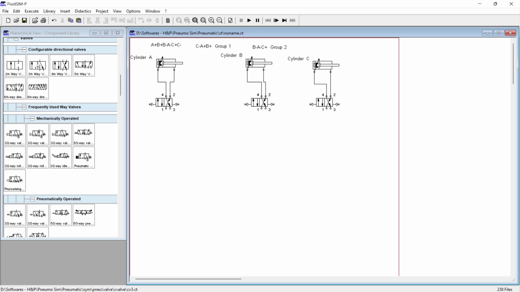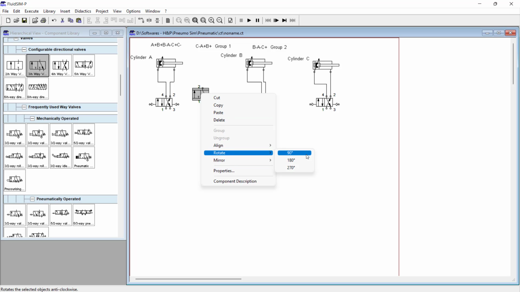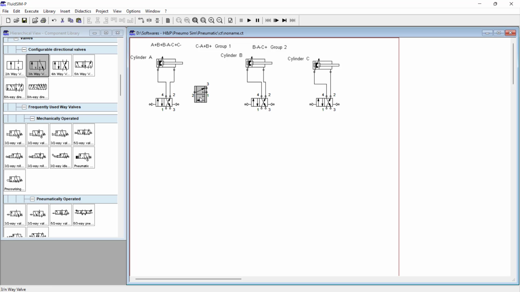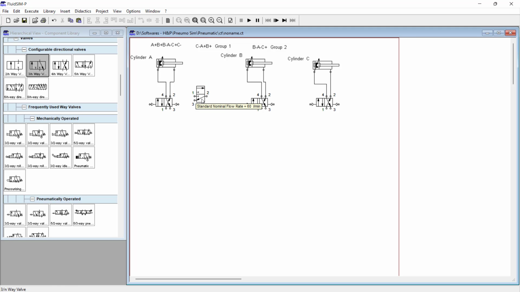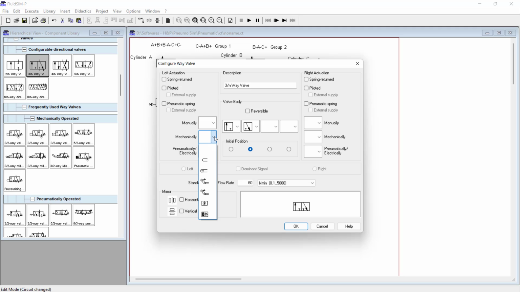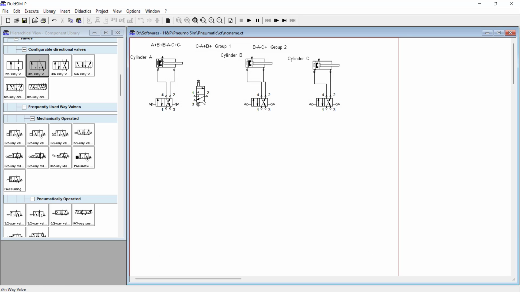We can take a 3/2 valve here and rotate it by 90°. Just set the limit switches. One side has a roller actuator, another side has a spring return actuator. Copy and paste.